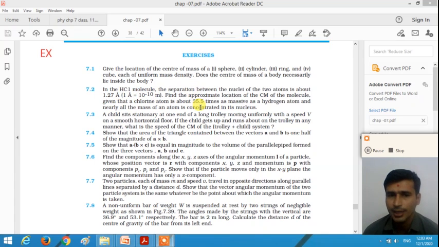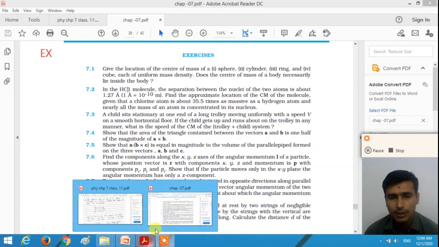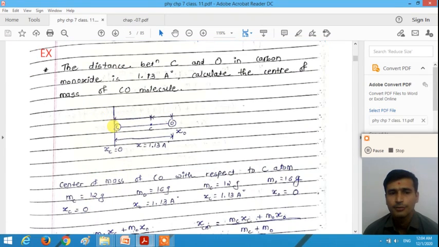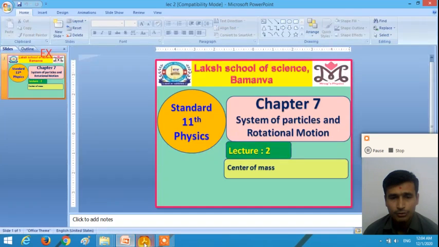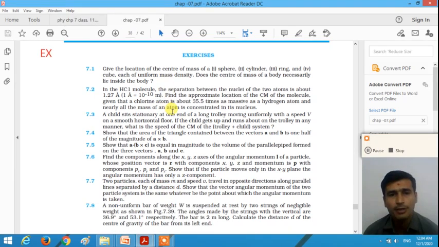Mass of the hydrogen atom is 1 gram, mass of the chlorine atom is 35.5 gram, right? And calculate the location of the center of mass from the hydrogen and from the chlorine, as in the previous example, the location of the center of mass from the carbon atom and from the oxygen atom. You have to calculate this example by yourself. Exercise example number 7.2. Understand, dear student?